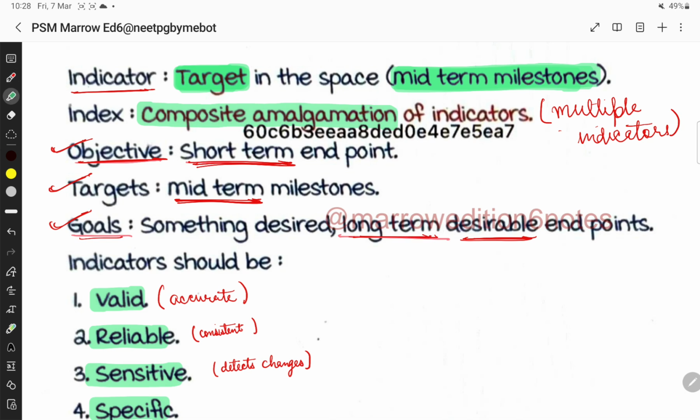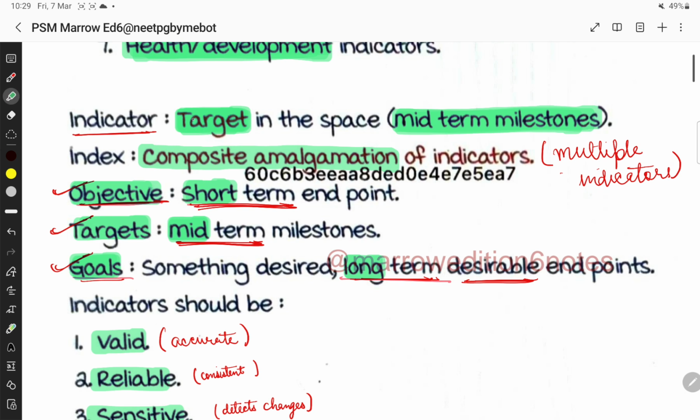So there are three terms: objective, target, and goal. Objective is short-term, target is a mid-term milestone, and goal is a long-term desirable endpoint.